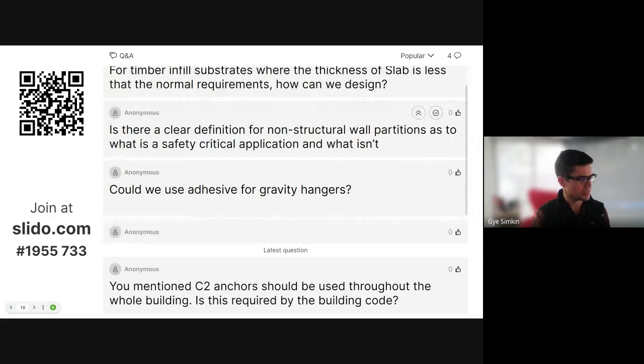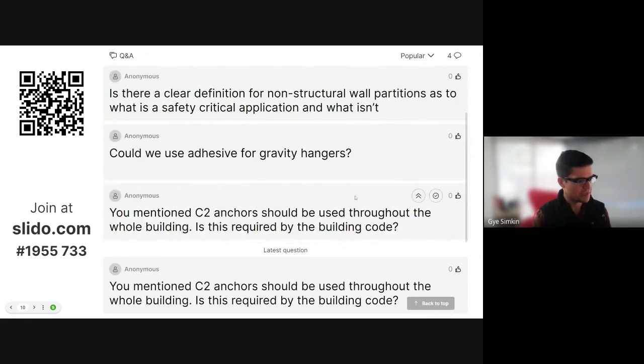There's a few questions coming in here. Let's look at the last one there. You mentioned C2 anchors should be used throughout the whole building. Is it required by the building code? So that comes down to it's not clear how the European standards relate to the building code.